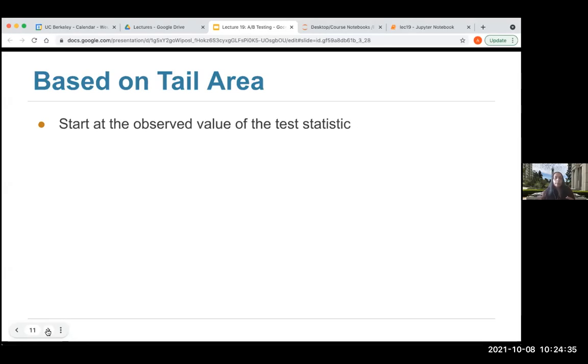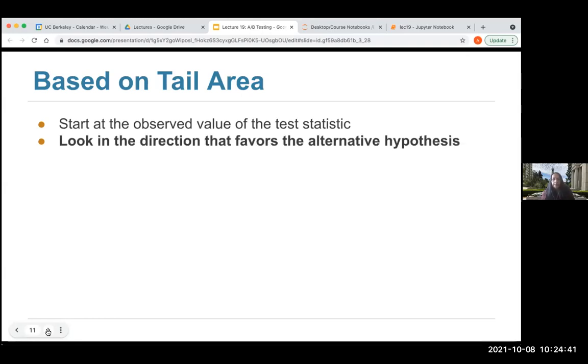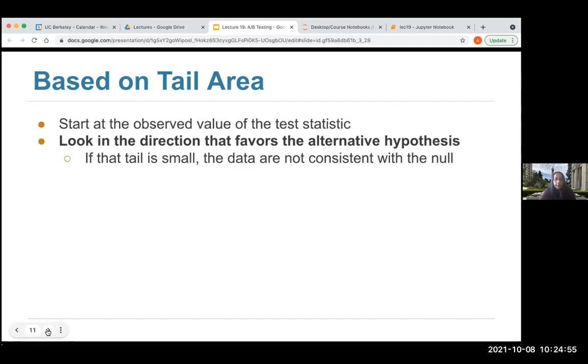Because what's my other hypothesis that I'm going for? That's the alternative hypothesis. And you look in the direction that favors the alternative. This we'll talk about quite a bit. And if the tail is small, then you're kind of thinking alternative. And if the tail is not small, then you are thinking, maybe null is okay.